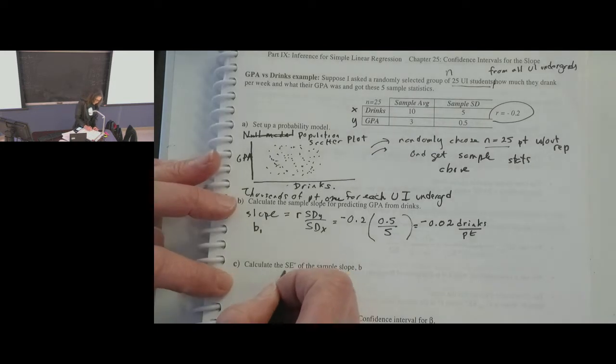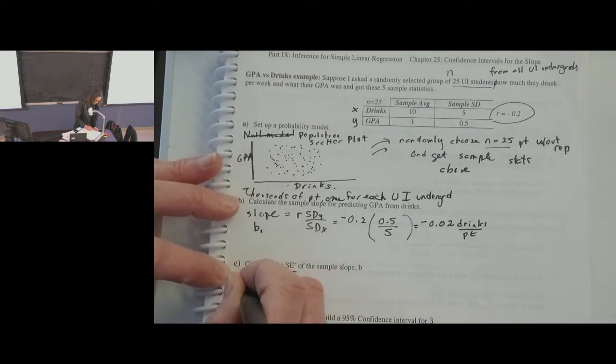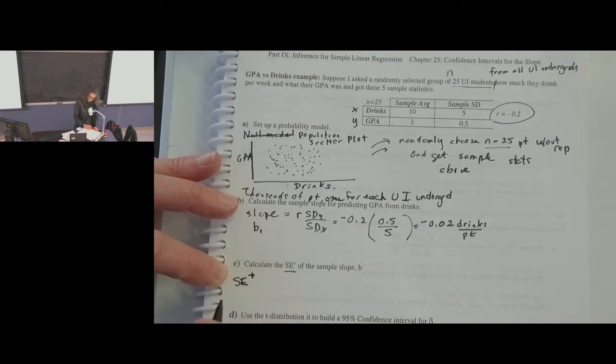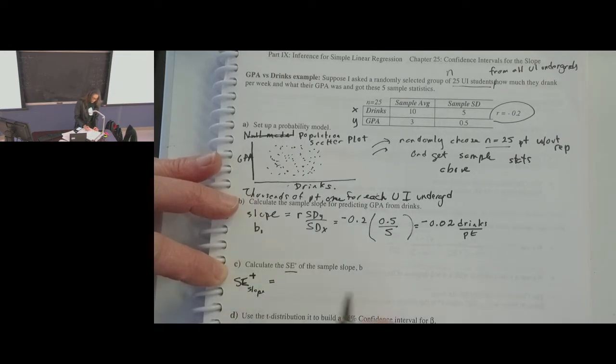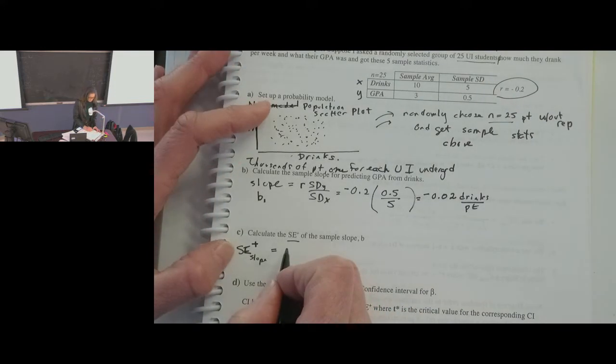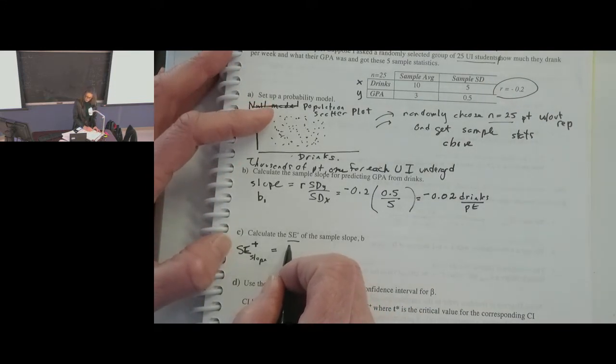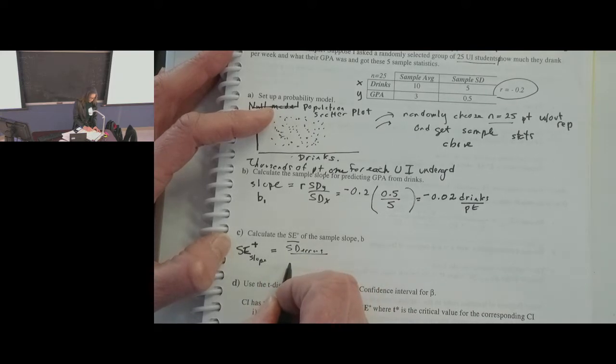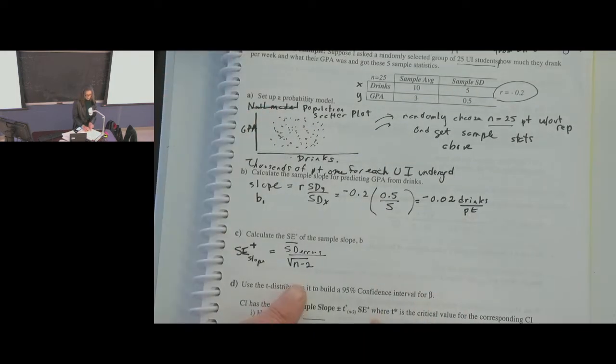Now we're going to calculate the standard error for the slope. Do you remember how we're going to think about this? If you forgot, it would be the standard deviation of the errors over, now it's not the square root of n, but the square root of n minus 2. That's the big difference.